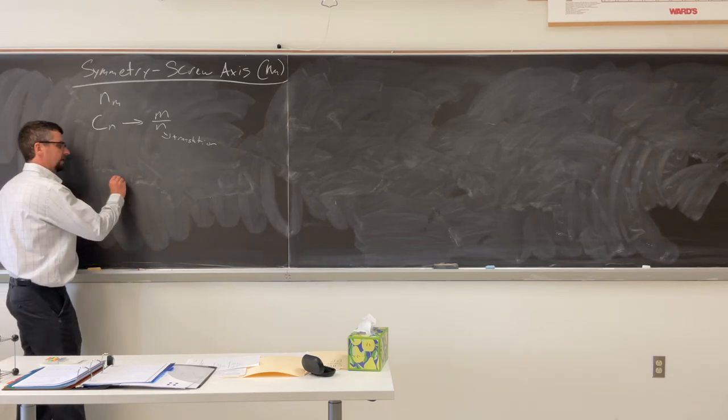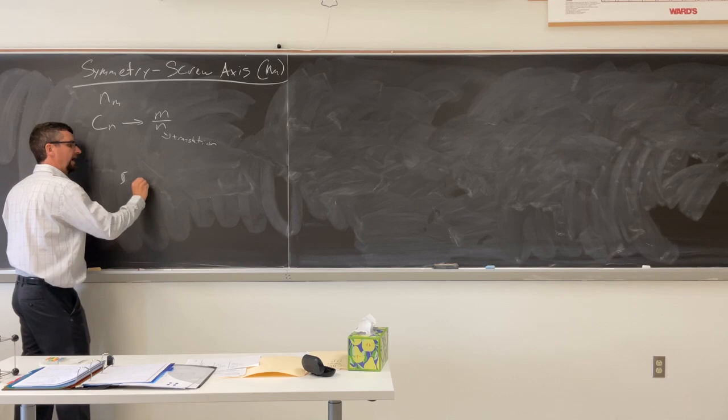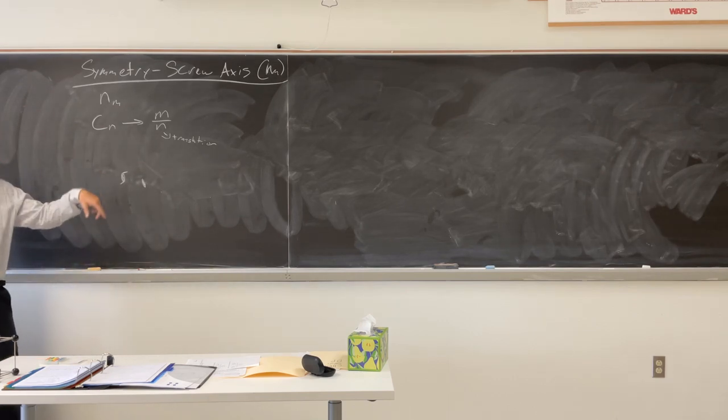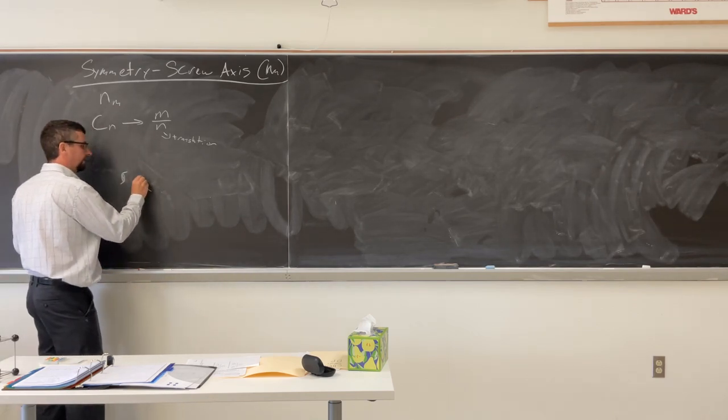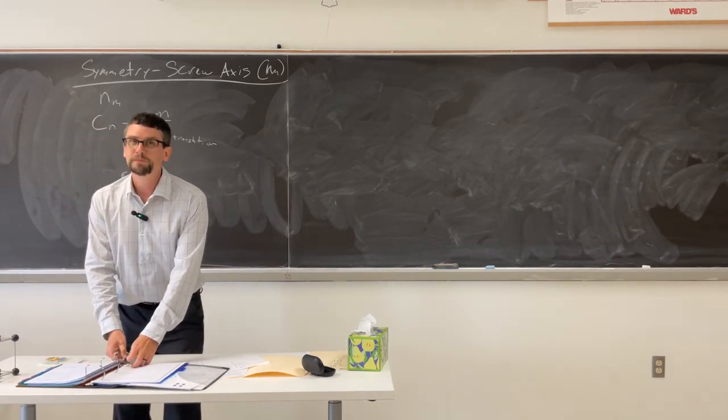And I said we could draw symbols like this to indicate a 2, and then I put one like that, but we could also have a different rotation. We could go clockwise or we could go counterclockwise, right?